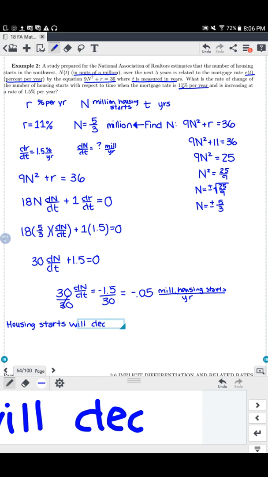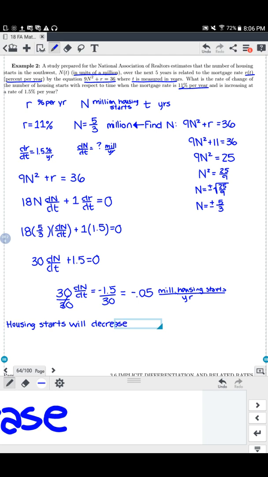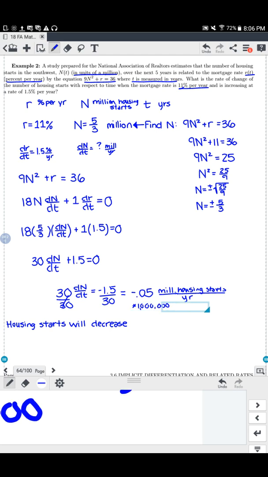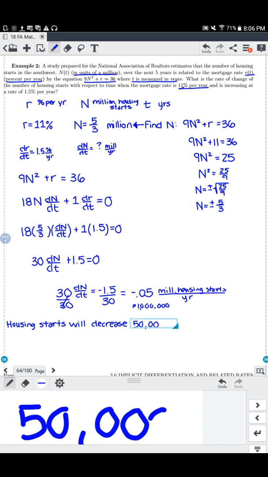We want to figure out what is negative 0.05 of a million. So I would probably just take this negative 0.05 and multiply it by a million when I do my interpretation. So when I do that, housing starts will decrease by 50,000. So 50,000 houses per year.